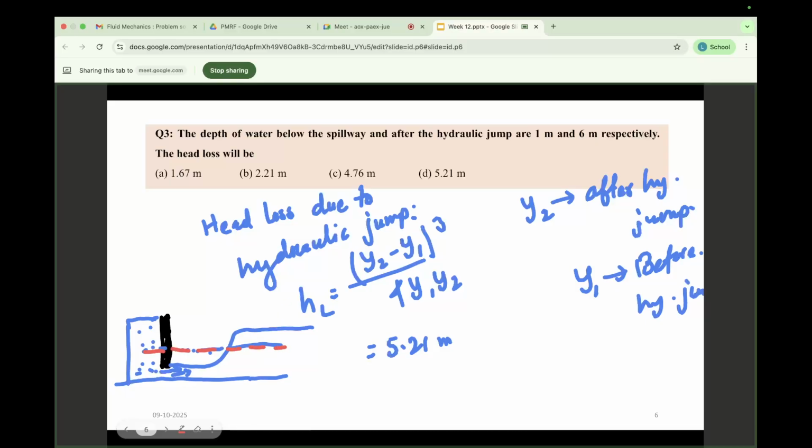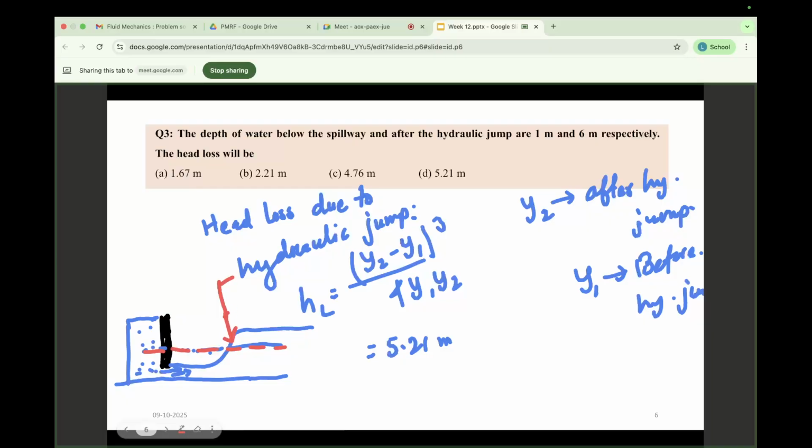As the water flows through this small area and by the continuity equation, there will be a certain velocity, and because of this there is a rise. This rise is known as your hydraulic jump.